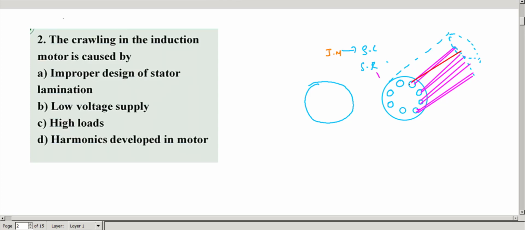Slots are skewed. You have a skew angle also, with a formula. Slots are skewed for producing uniform distribution of the flux linkages, and also for increasing the starting torque.